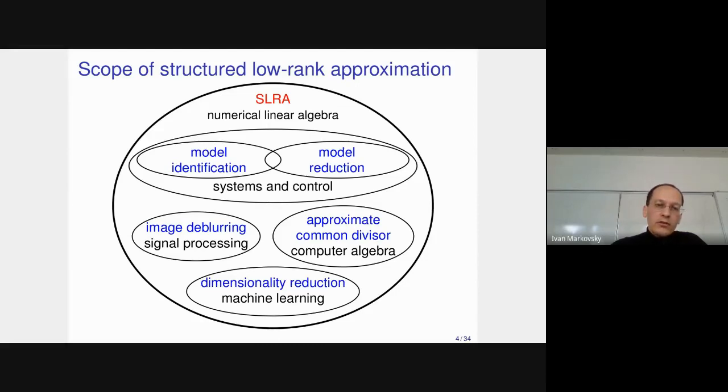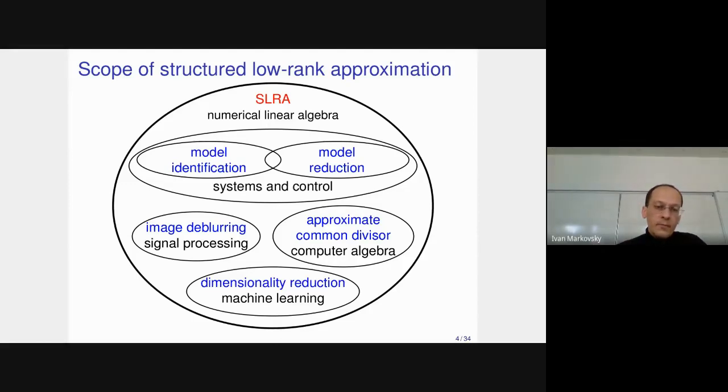So what allows us to fit all this variety of application areas into one common denominator, which is the structured low-rank approximation problem? It's the structure. In every one of these applications, you see a different type of structure. Just to give you an idea, in systems and control, typical structures that appear, and that's something that you'll see in the presentation, are what's called Hankel and Toeplitz structures.